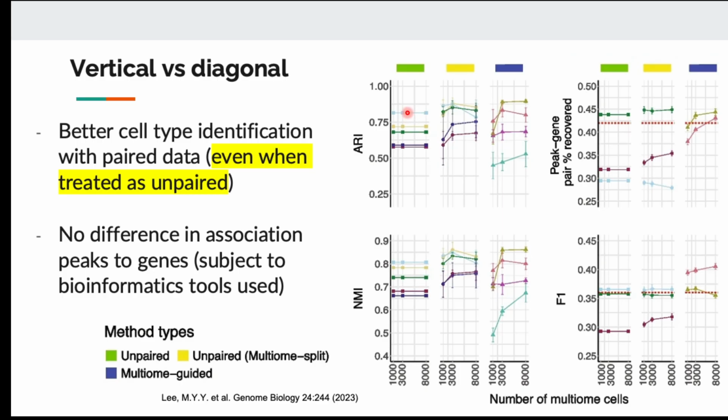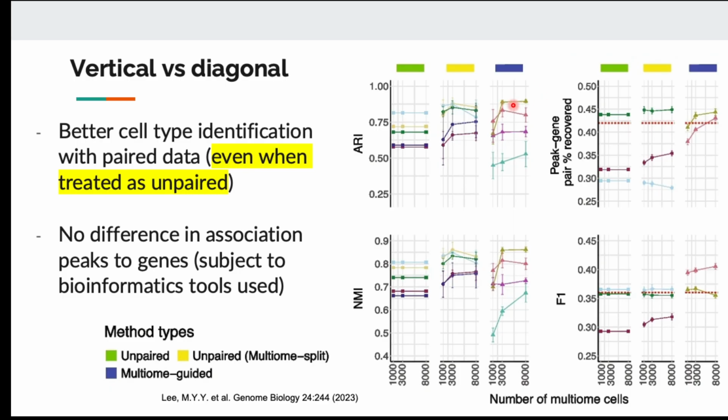The tools in blue here perform best in the green condition, the diagonal integration, because it assumes that your data is diagonal. It doesn't assume that you have data from the same cells. It assumes that your data comes from different batches, different laboratories. But the yellow tools here, the dark yellow line, these tools assume that your data is paired, and it uses that information to call the cell type.